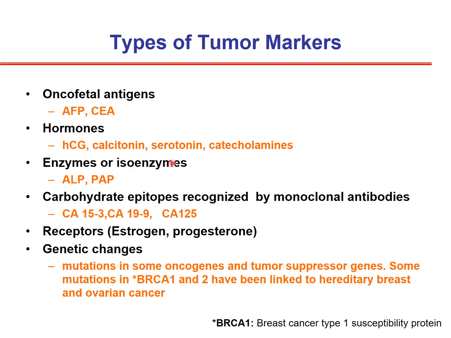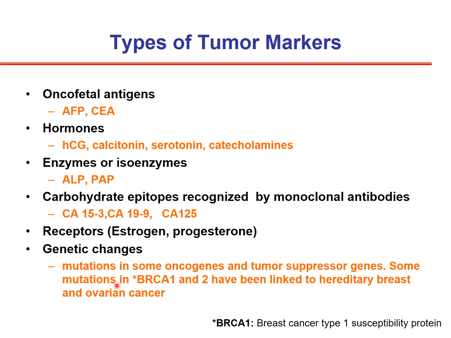Enzymes or isoenzymes such as alkaline phosphatase, or carbohydrate epitopes recognized by monoclonal antibodies such as CA15-3 or CA19-9, or receptors such as estrogen or progesterone receptors, or genetic changes, mutations in some oncogenes and tumor suppressor genes.